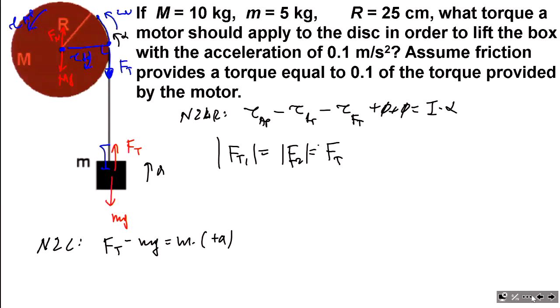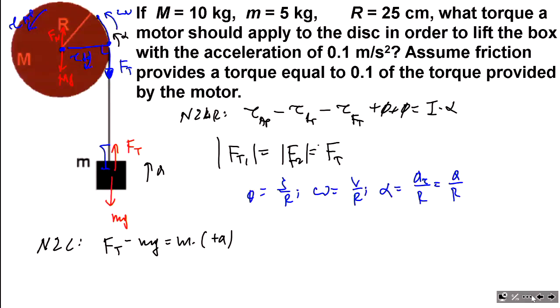This dot travels exactly the same distance, and that means the linear variables and angular variables are related to each other by a standard set of equations, like theta equals S over R, or omega equals V over R, or angular acceleration equals tangential acceleration over R, and tangential acceleration of any dot on the disk will be equal to linear acceleration of that weight because the string doesn't stretch.